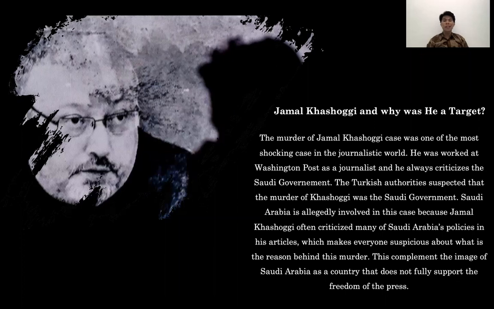Saudi Arabia is alleged to be involved in this case because Jamal Khashoggi always criticized many of Saudi Arabia's policies in his articles, which makes everyone suspicious about the reason behind this matter. It complements the image of Saudi Arabia as a country that does not fully support freedom of the press.